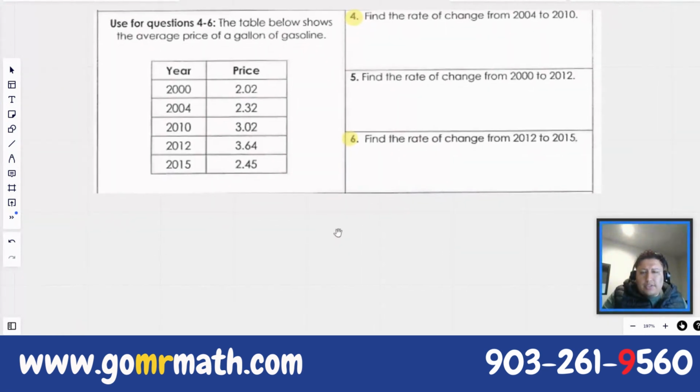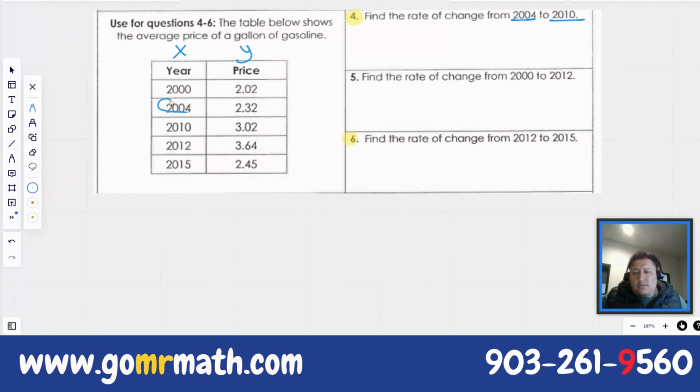Now, for this question, we have an average price of a gallon of gasoline. Again, these are years and these are prices. We're going to treat them as x and y, and it's asking us to find the rate of change from 2004 to 2010.